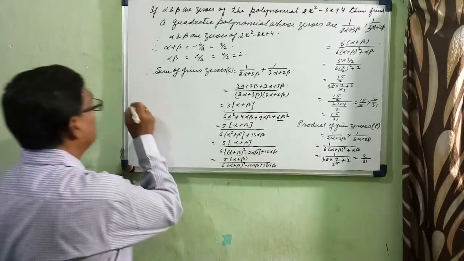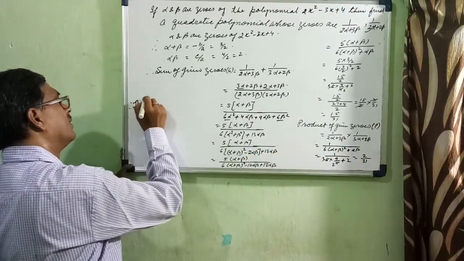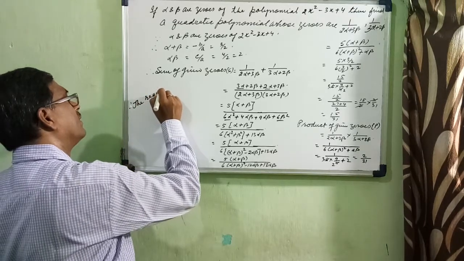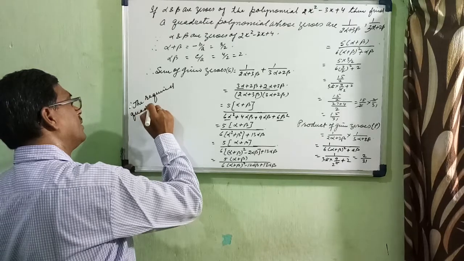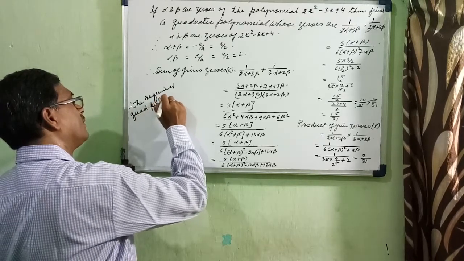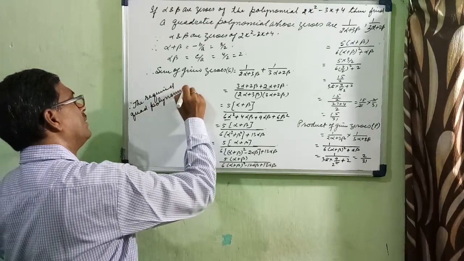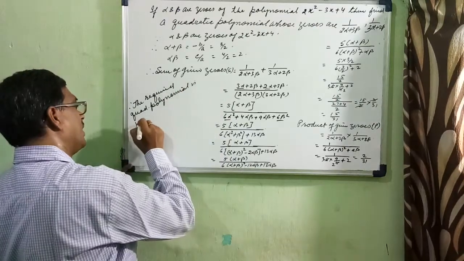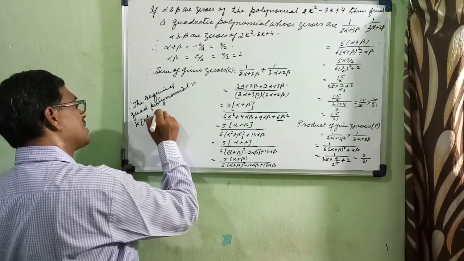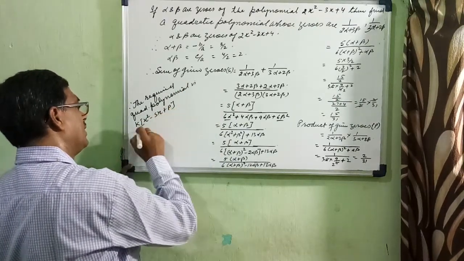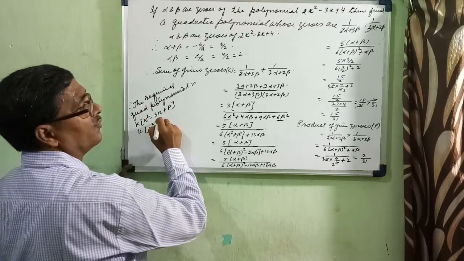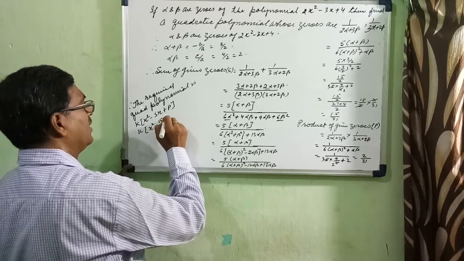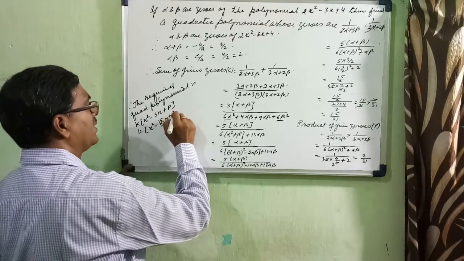So therefore the required quadratic polynomial is k into x square minus sx plus p, k into x square minus 15 by 31 x plus 2 by 31.